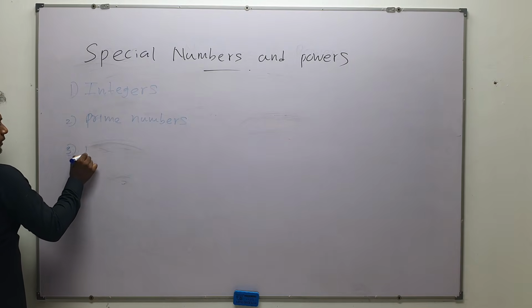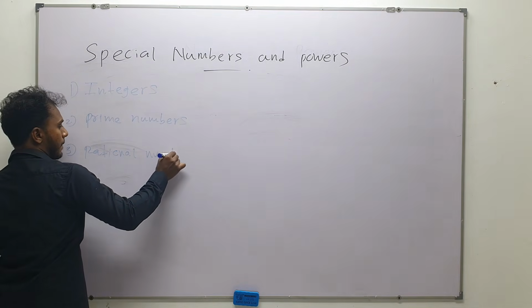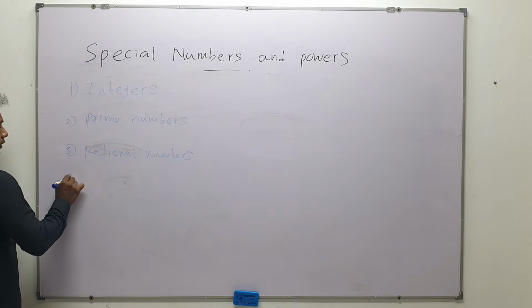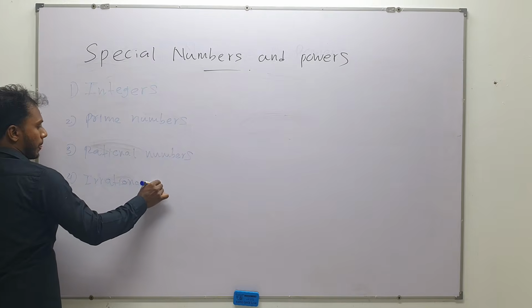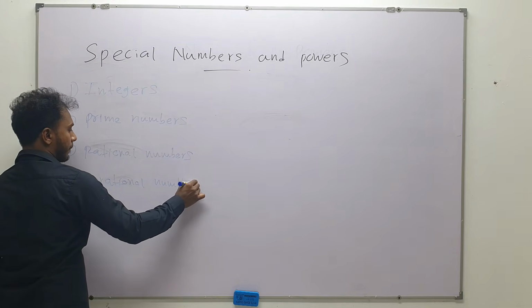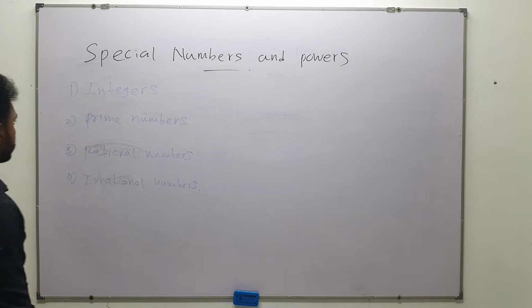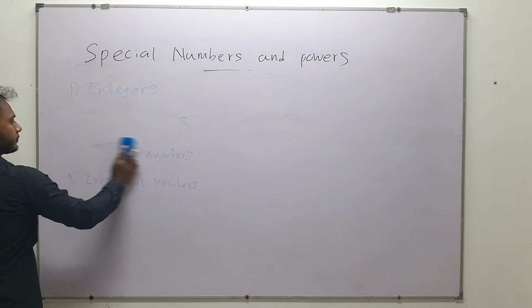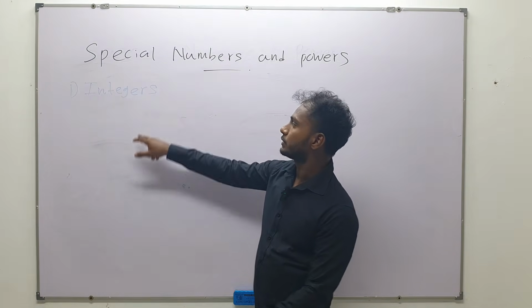Then rational numbers, and the fourth one, irrational numbers. Okay, let's make integers our first topic. So I'm going to take integers as my first topic.